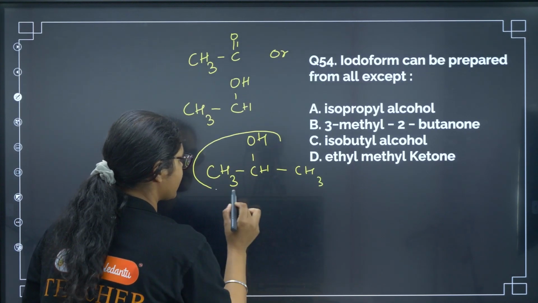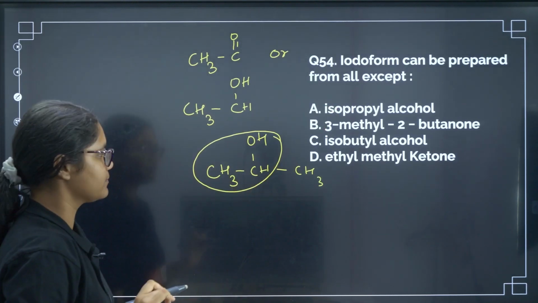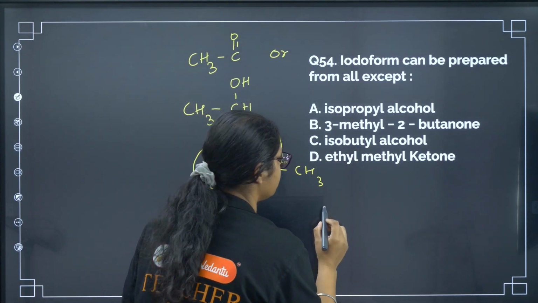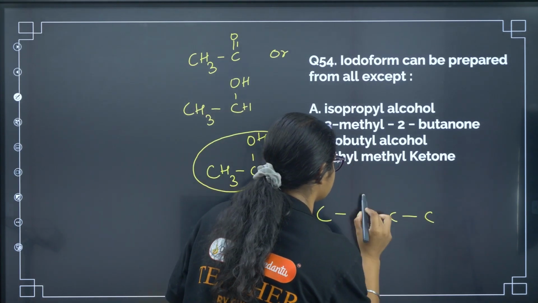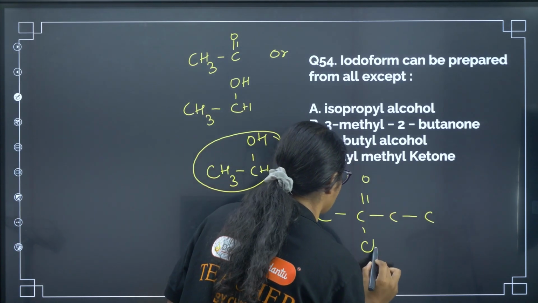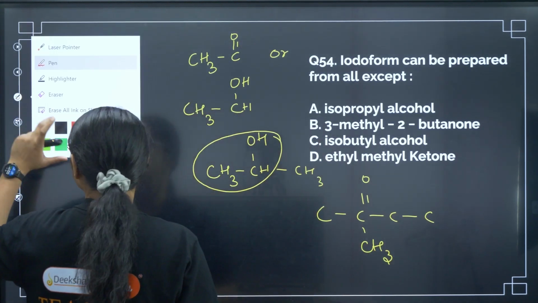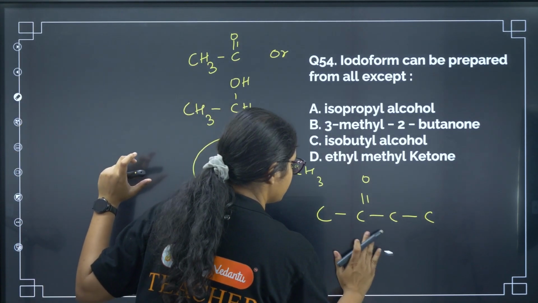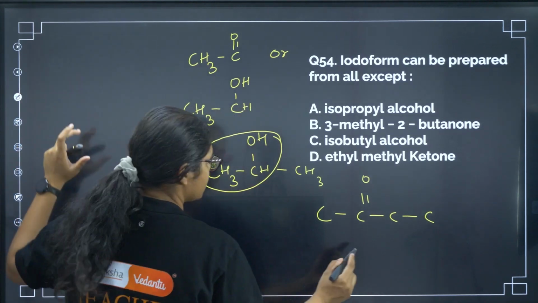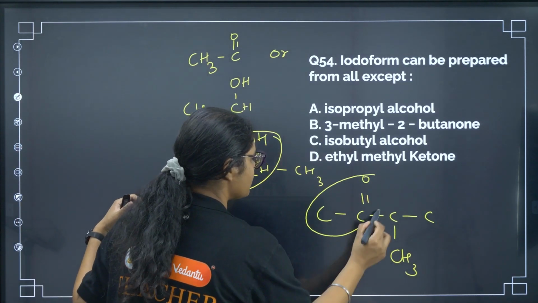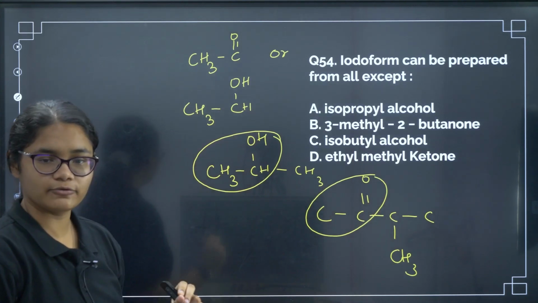So this group can show you the iodoform reaction. Now if you see 3-methyl butane-2-one, we have this structure here, right? So now the CH3CO group is present. So this can also show the iodoform reaction.